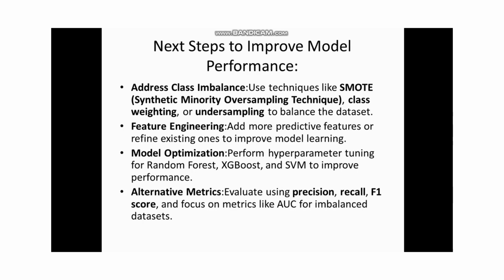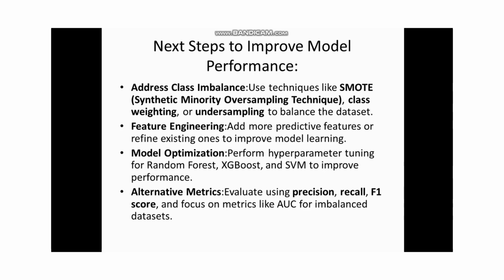All right, so the next steps to improve model performance. We have to address class imbalance. We use techniques like SMOTE, which means synthetic minority oversampling technique, class weighting or undersampling to balance the data. Also, for feature engineering, we can add more predictive features or refine existing ones to improve model learning.